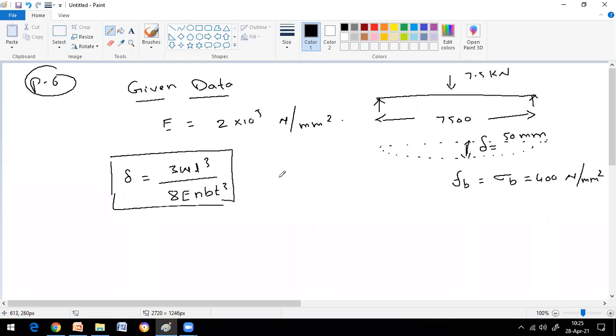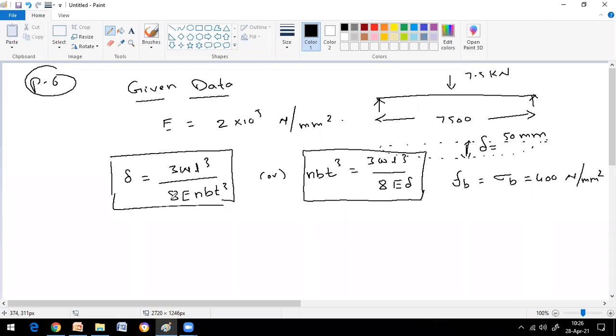Or it can also be written as NBT cube is equal to 3WL cube by 8E delta. This can also be written like this.